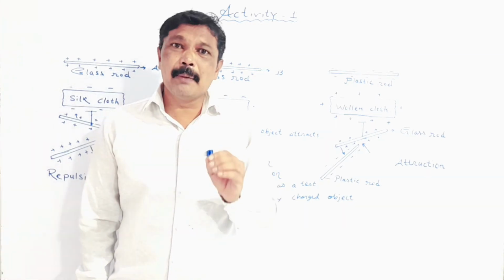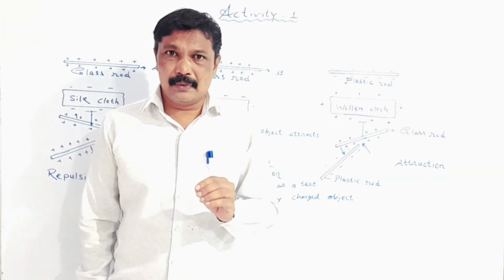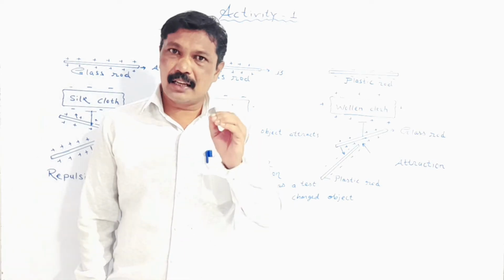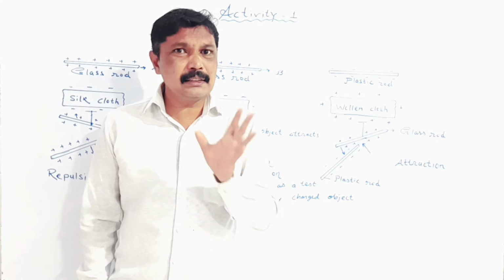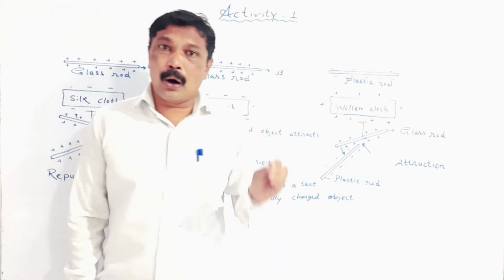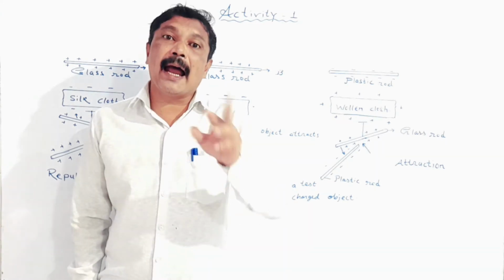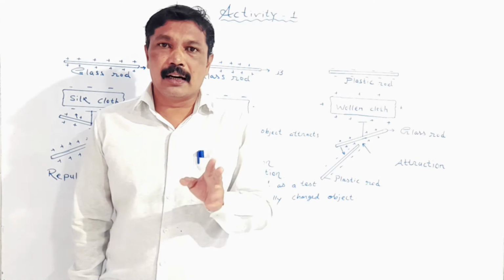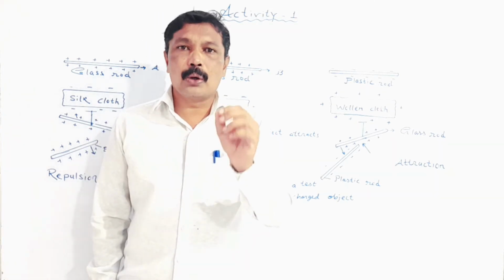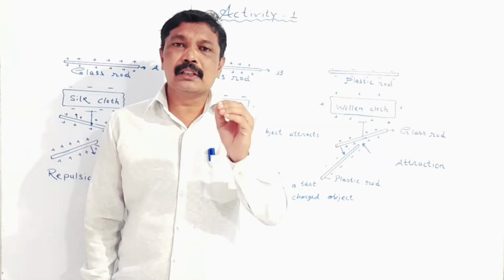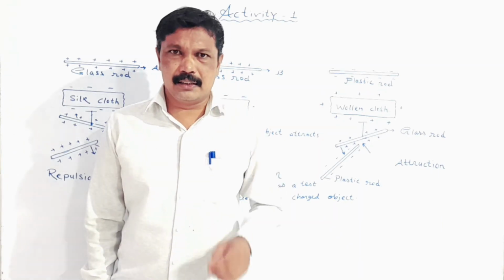This charge remains for some time and then is absorbed by moist air. These charges are not flowing. They rest on the object at the place where friction is done between the two objects, and therefore the electricity produced is called static electricity.